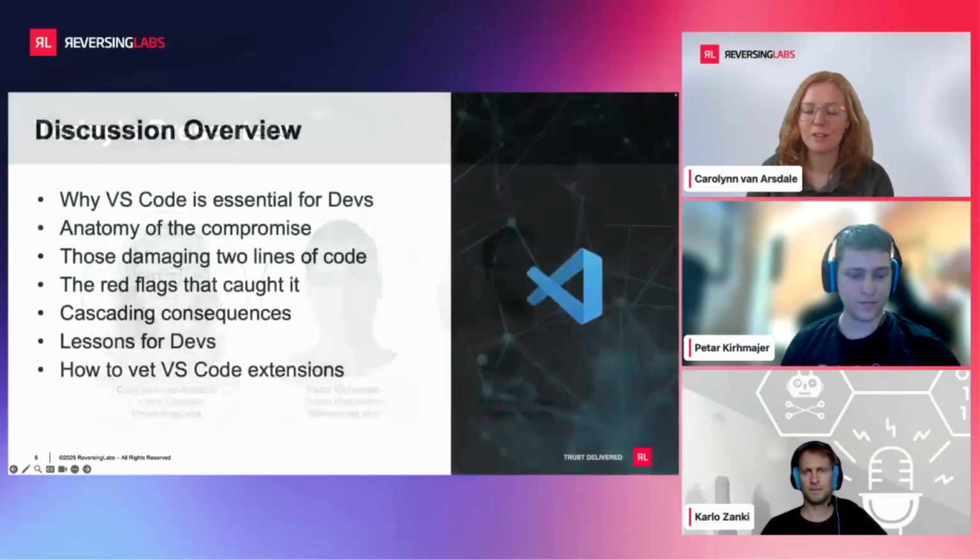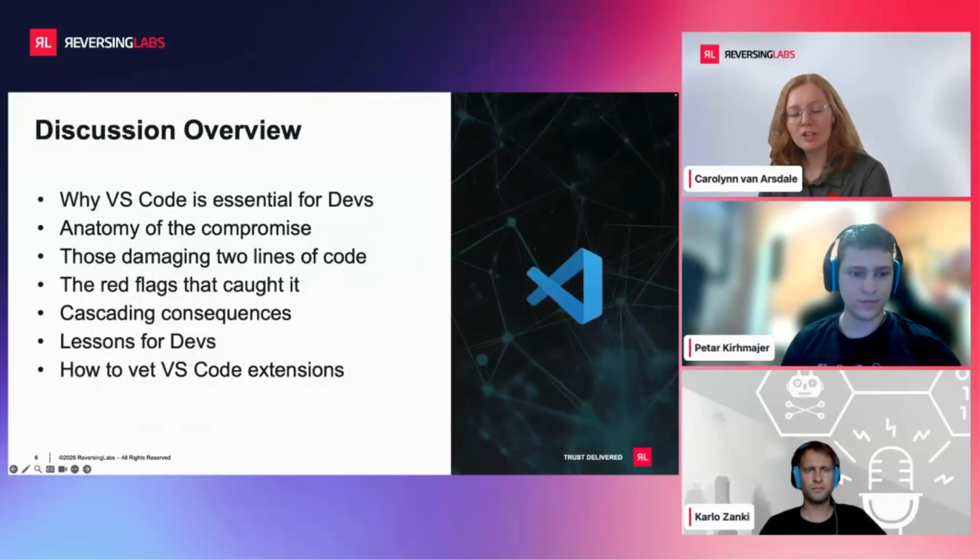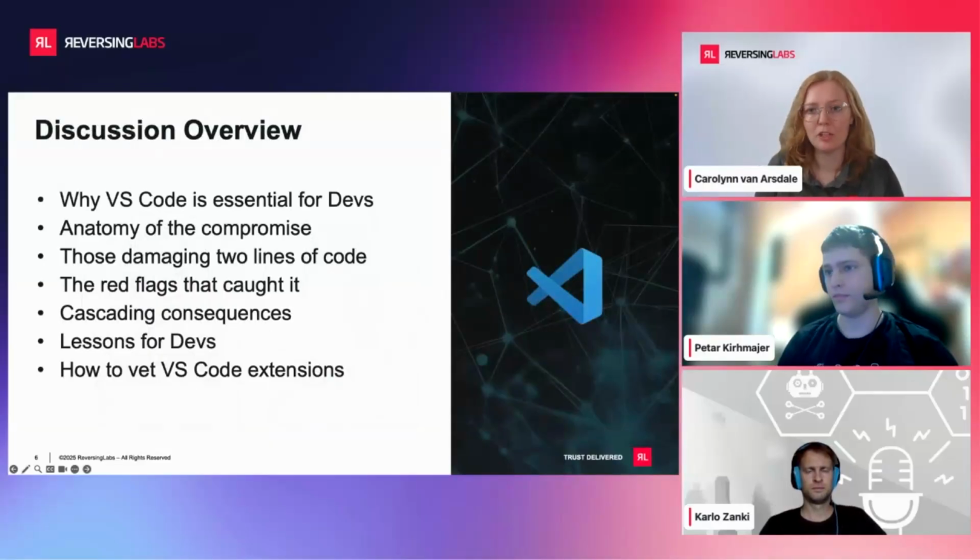Thank you. Awesome. Yeah, so we're going to get into some great chats today. So just to give you all an overview of what we're going to be talking about, we are talking about the compromise of a legitimate VS Code extension that our researchers, Carlo and Petar, discovered a couple of weeks ago.